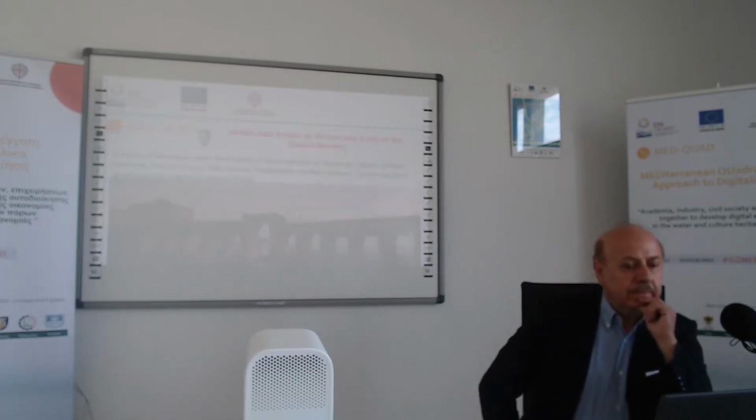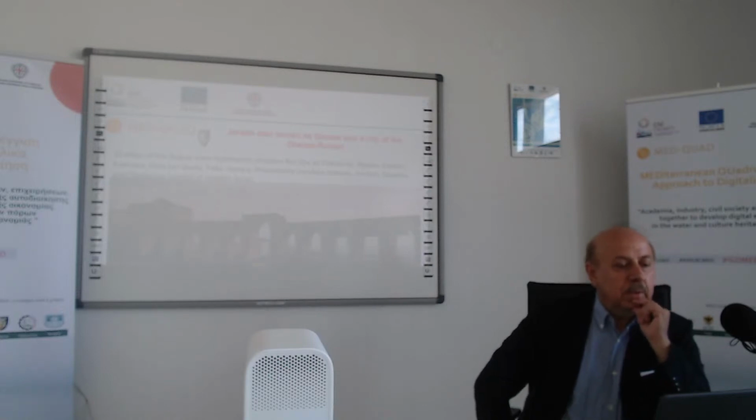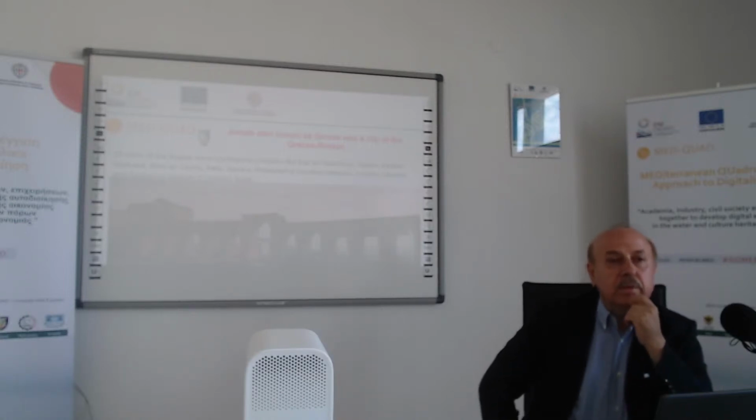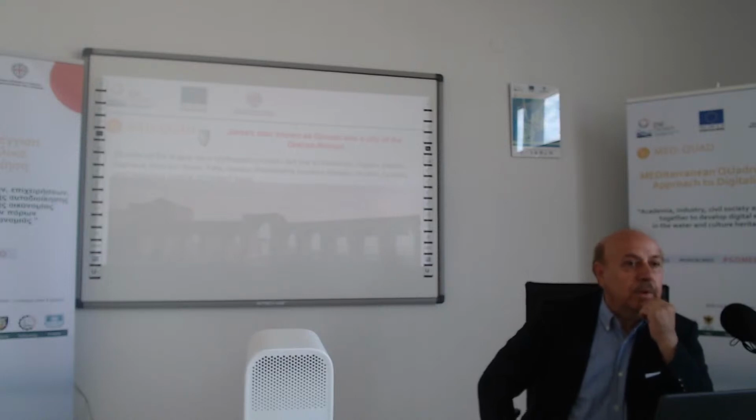We have this example. One of my master students did this work in Gerasa. Gerasa is one of the Decapolis cities. There are 10 cities in Palestine and Jordan, established by Alexander the Great.